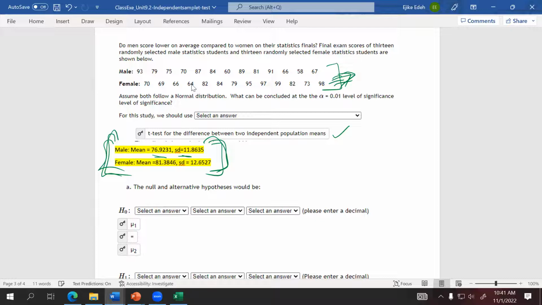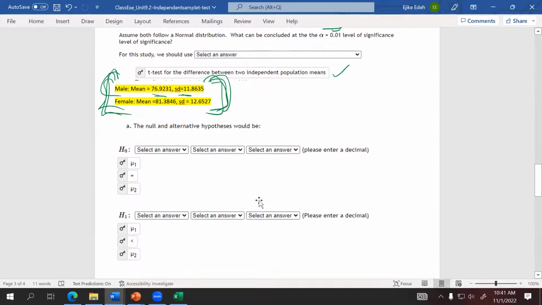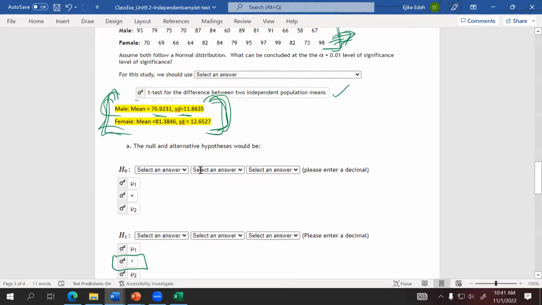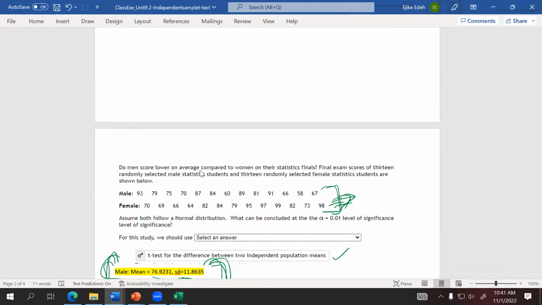Okay, so let's go ahead and walk through this very quickly. If you have computed that from this place, you have these 2 values, and then you go ahead and answer the question just the same way. I'm going to skip these 2, but I want to believe you are able to see this one from the question. You're able to see that, say lower, so we know it's less.